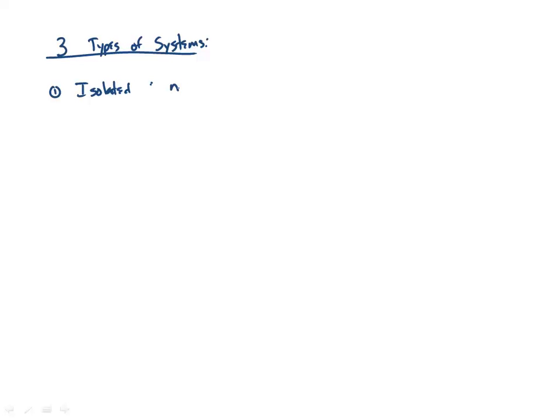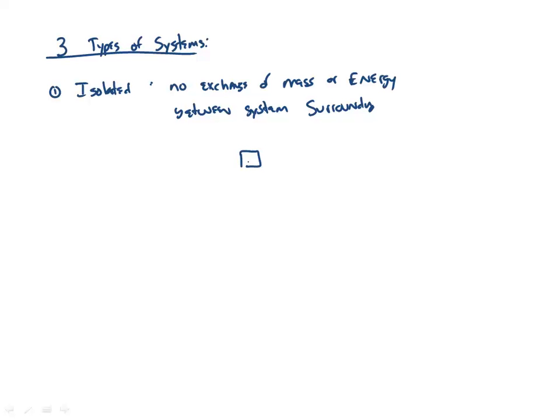That means there's no exchange of mass or energy between the system and the surroundings. So we quite literally just have a box that represents our system, and then outside the box is what we call our surroundings.